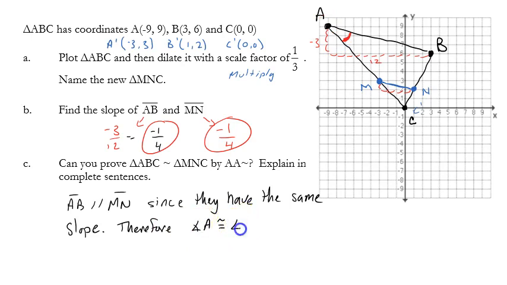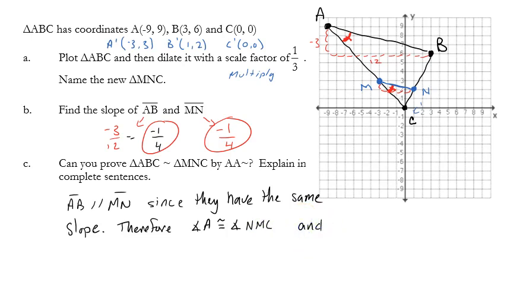It is congruent to this angle down here. I cannot call that angle M. There are multiple angle M's around here. So I'm going to have to use the three-letter system and call this angle NMC or angle CMN.